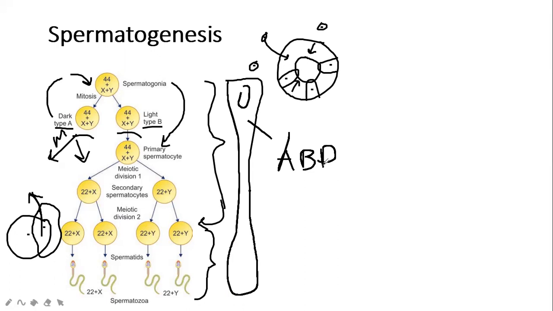And then in development, they also form what we call the Mullerian inhibiting substance. The Mullerian inhibiting substance will remove the cord that is supposed to make the uterus in the males. That's why the males don't have a uterus. So that is produced as a chemical called the Mullerian inhibiting substance by the satellite cell.